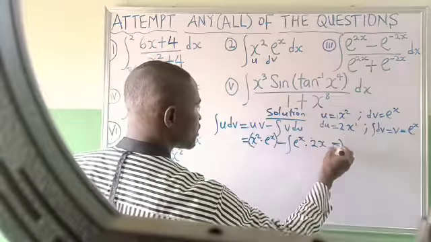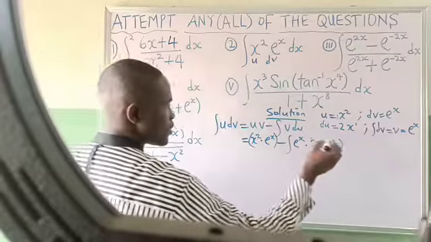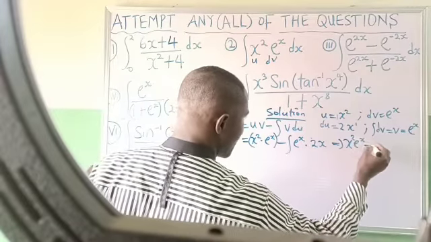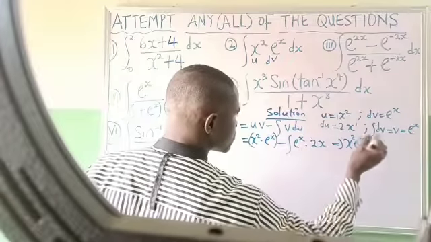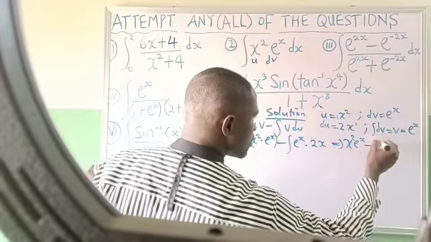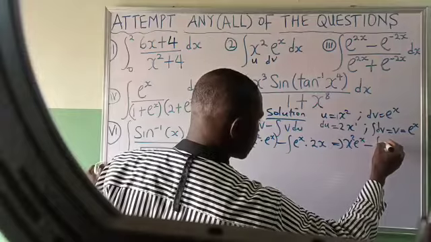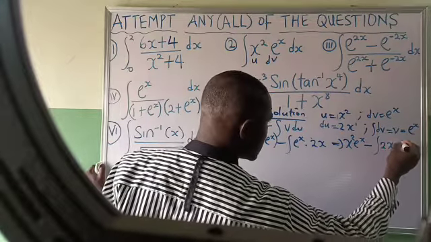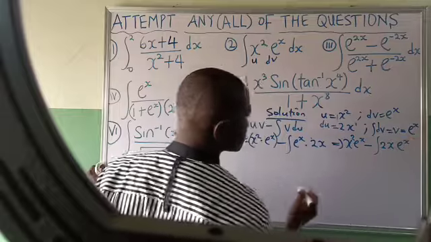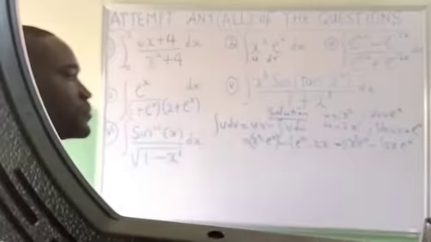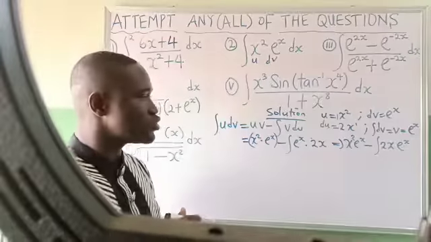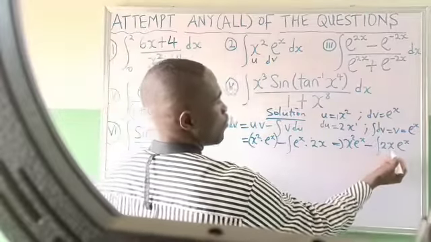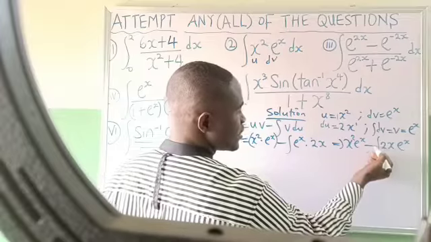So that will give us x squared exponential x minus the integral of 2x exponential x. Okay? Now the next thing you have to do is you bring out these two.